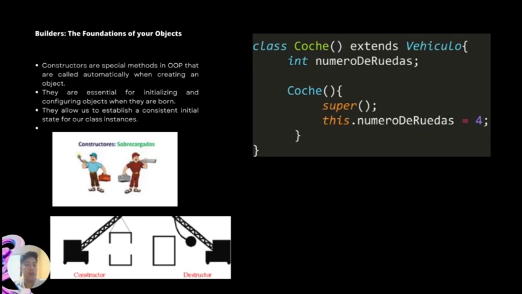They allow us to establish a consistent initial state for our class instances. For example, class Coche extends Vehiculo, int numeroDeRuedas, Coche() { super(); this.numeroDeRuedas = 4 }.